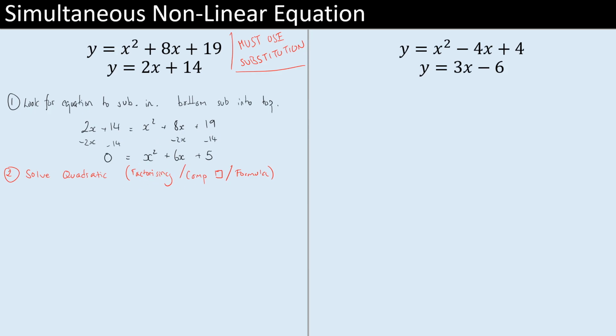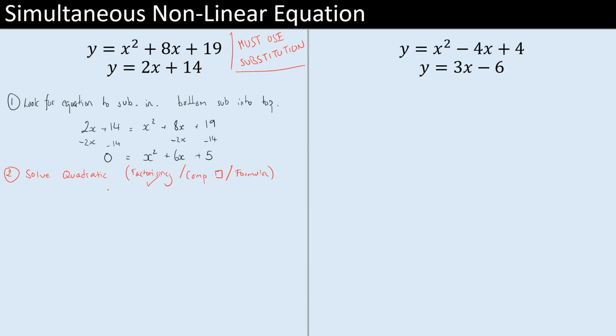Now, being able to factorize here is probably really useful and really important. You can always use the formula. You might even be able to use your calculator if you've got one of the fancier calculators, but factorizing is always generally a good bet, okay? And worth checking the numbers for. Because for this equation, we would want things that multiply together to give us 5, but that add up to give us 6.